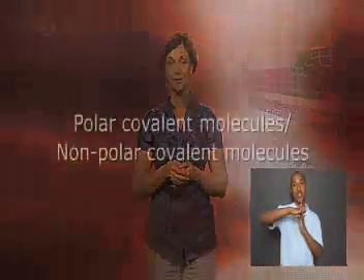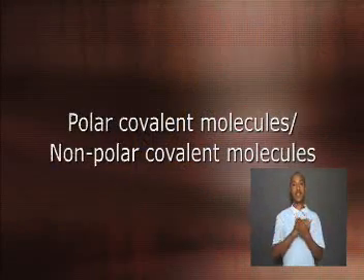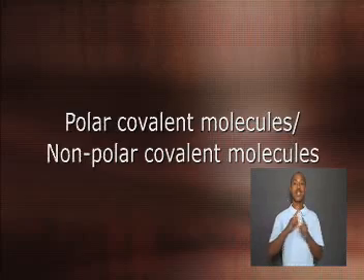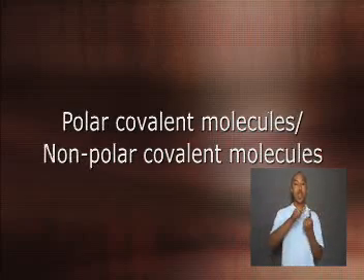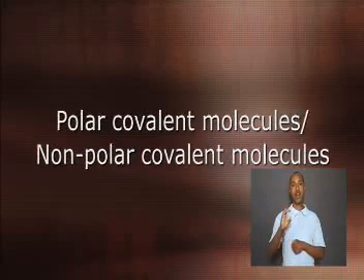Both bonds occur so that the atoms involved can gain a stable electron configuration. In today's lesson, we will be distinguishing between polar and nonpolar covalent molecules. Students, if you are ready, then we will get started.